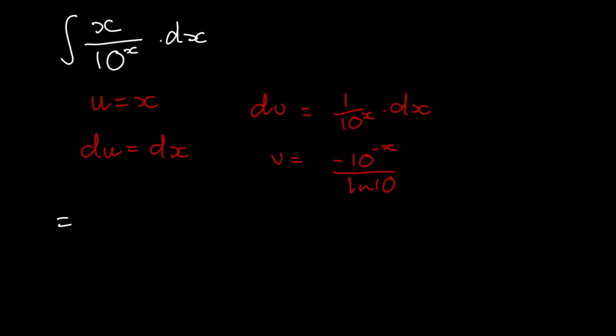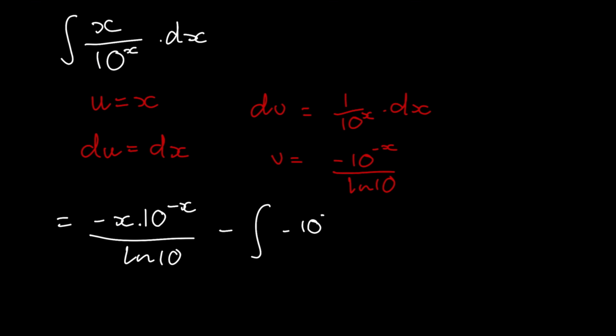So now we have uv, which is just going to be negative x times 10 to the negative x over ln of 10, minus the integral of v du, which is minus 10 to the minus x over ln of 10 dx.